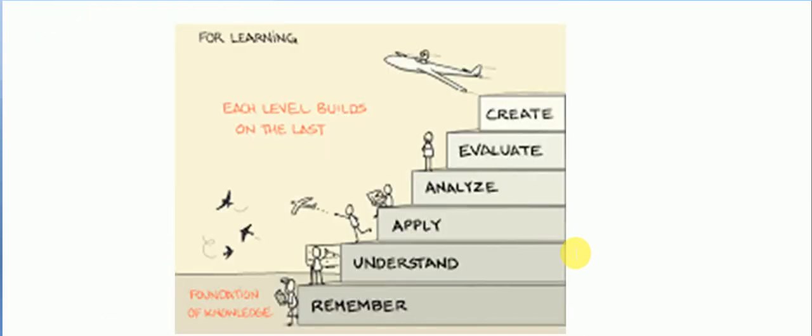As in the picture, we think about how to prepare a plane from paper. First we have to learn how to prepare the plane from paper. Then we understand, this way I want to prepare this plane.